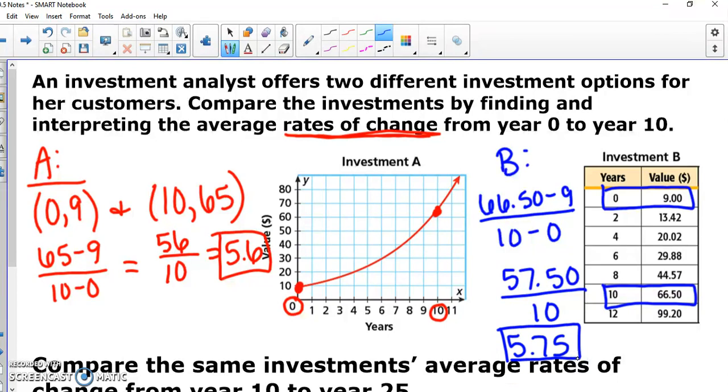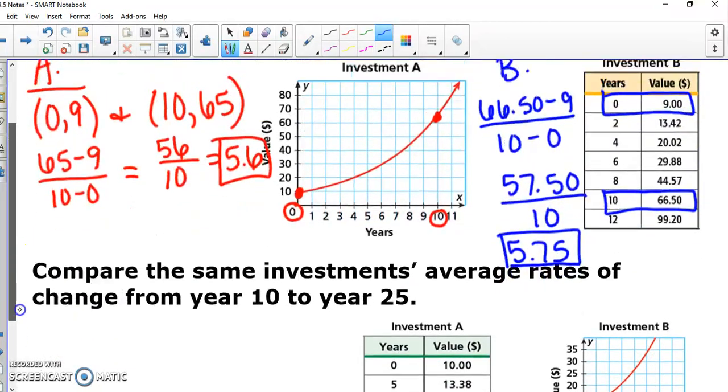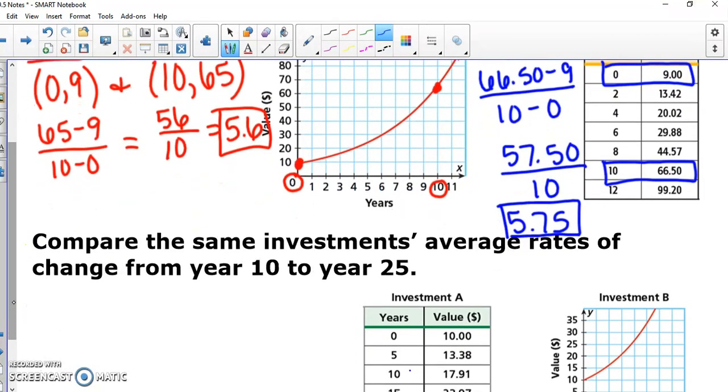So the way to interpret that is that investment B is going up at a steeper rate than investment A was in years 0 through 10. It was increasing quicker on B than it was on A for those 10 years.